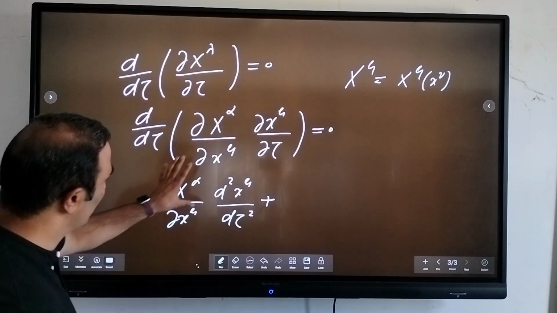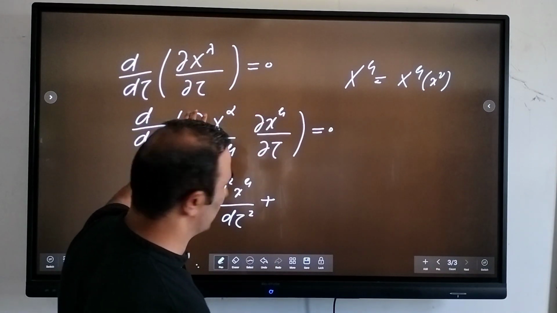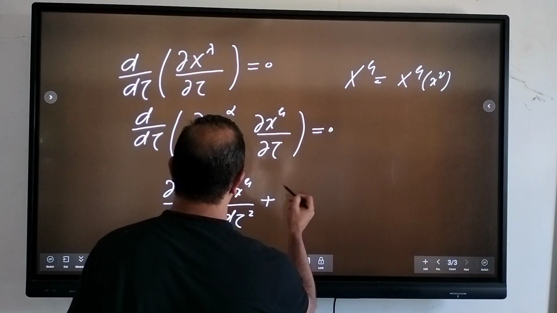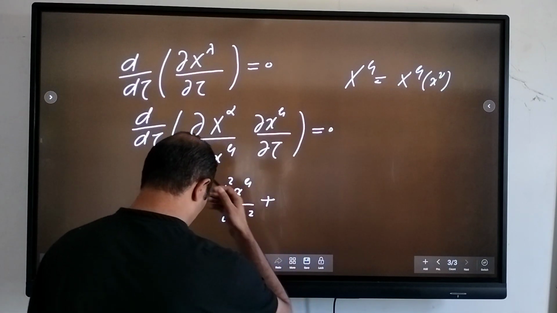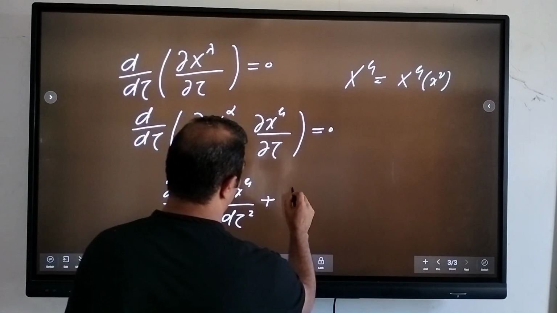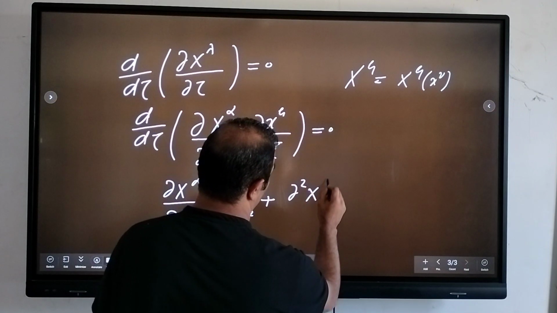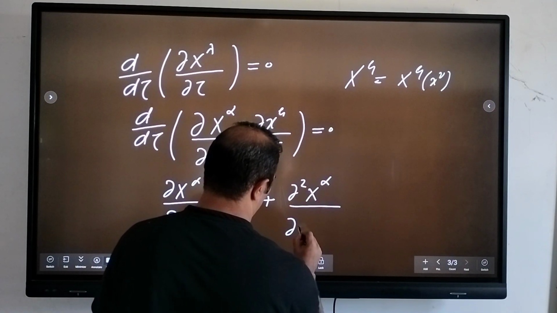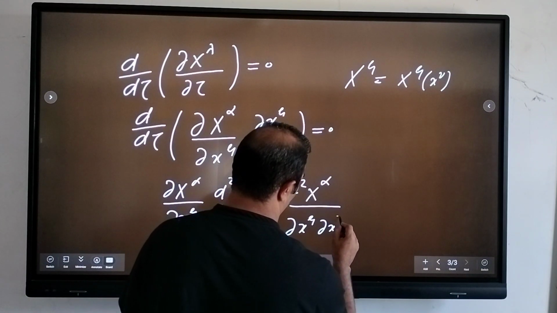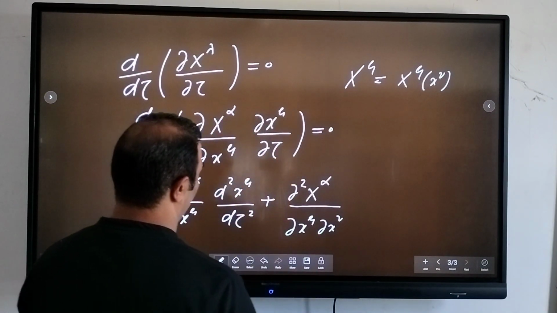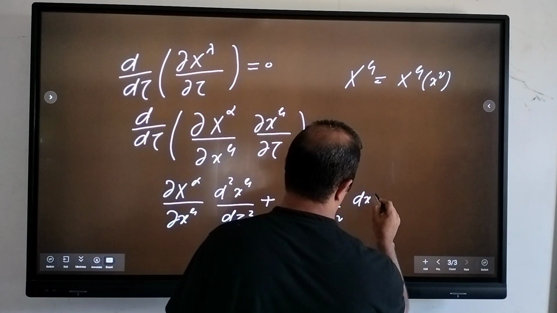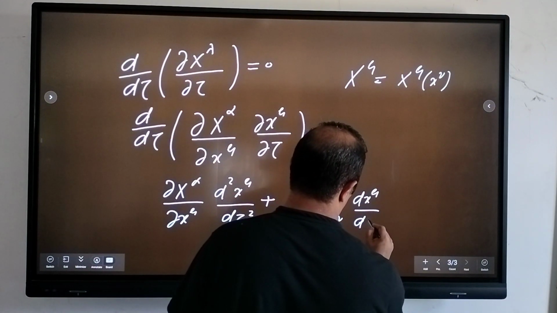For the first term, I differentiate this term and this term remains constant, and similarly we can get the other term. So the second term will be equal to partial x alpha by partial x mu, partial x mu, and we can write here dx mu upon dt.